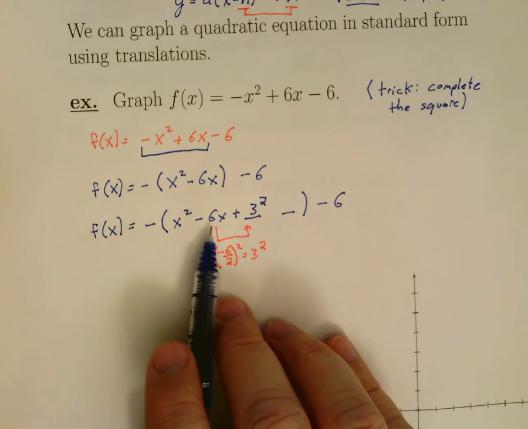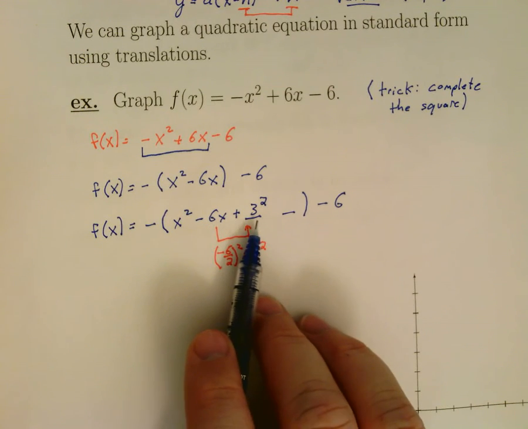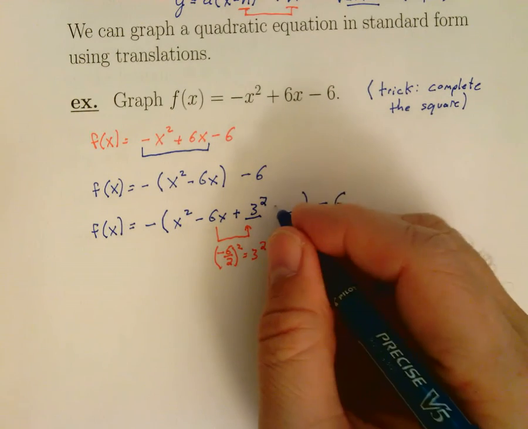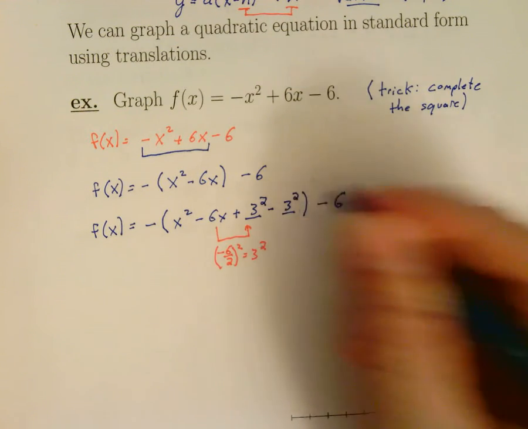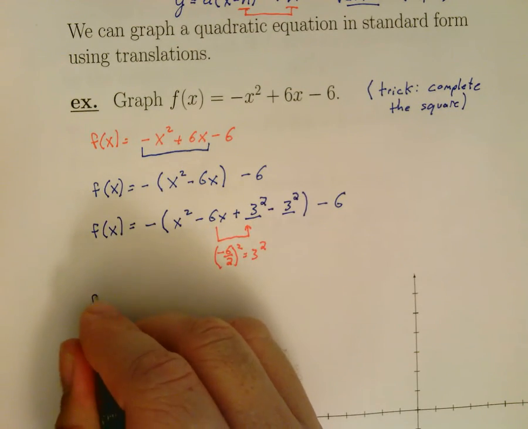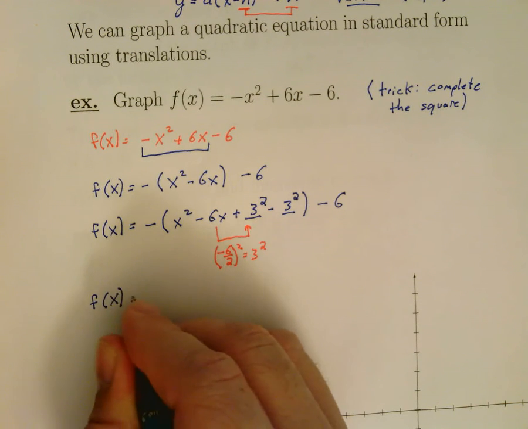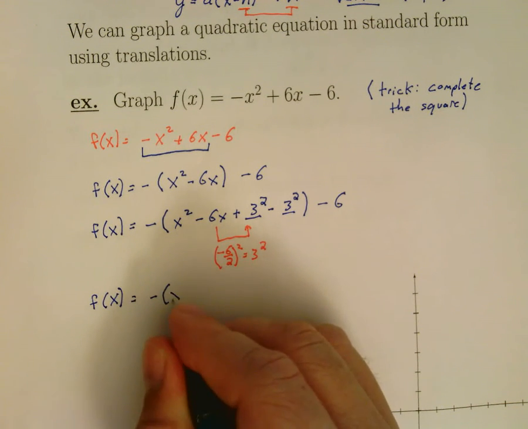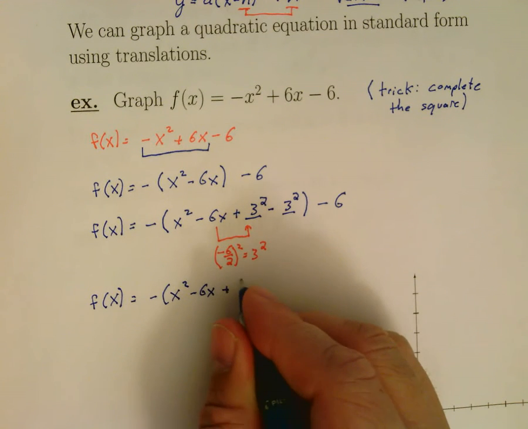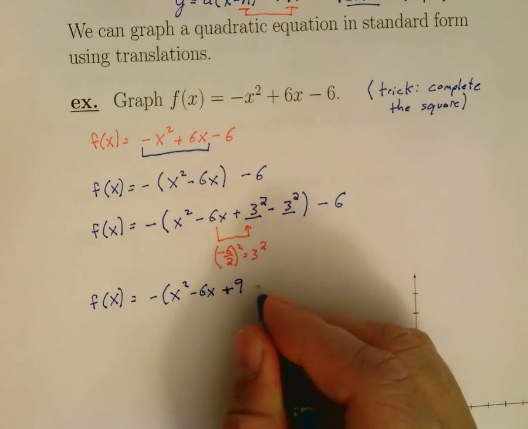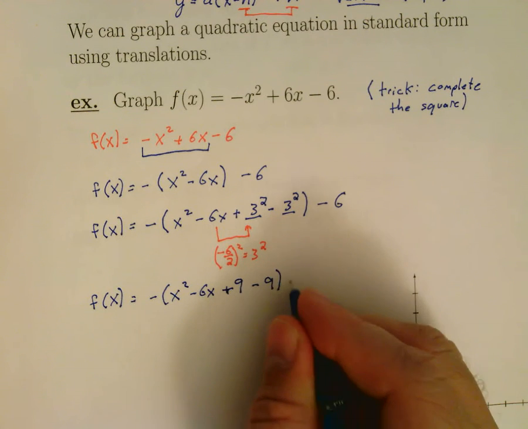Now, I can't just go around adding things wherever I want. I also have to subtract off the 3 squared. So now I have f of x equals negative quantity (x squared minus 6x plus 9) minus 9 minus 6.